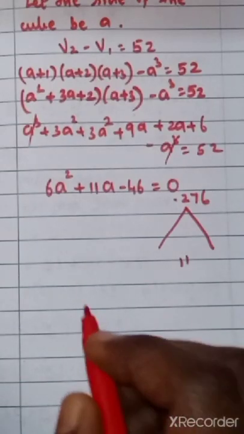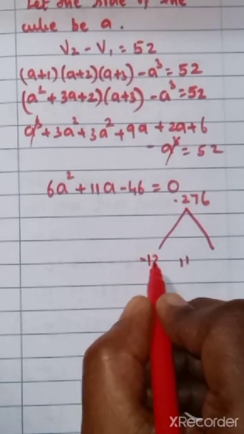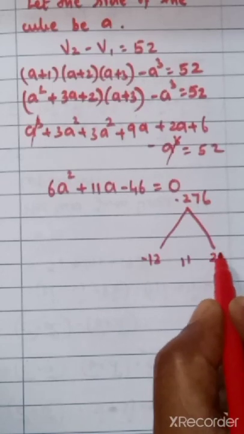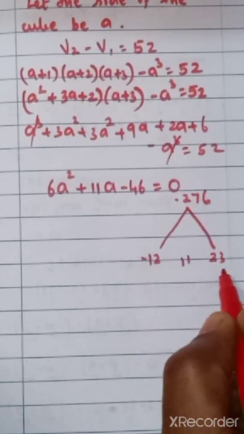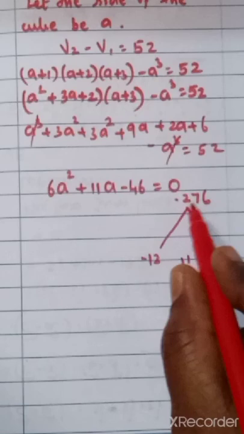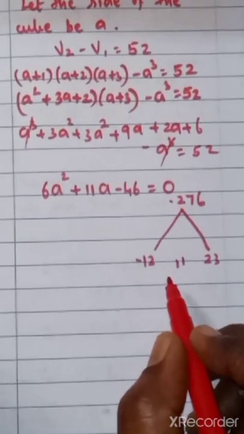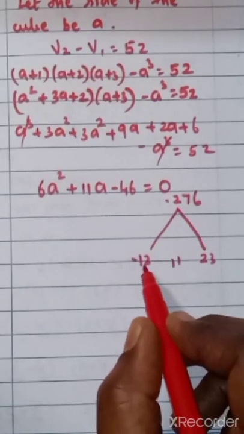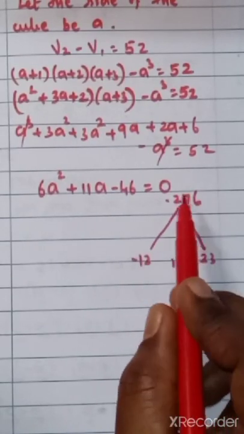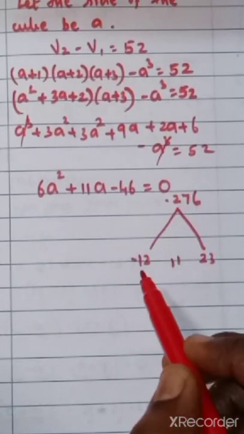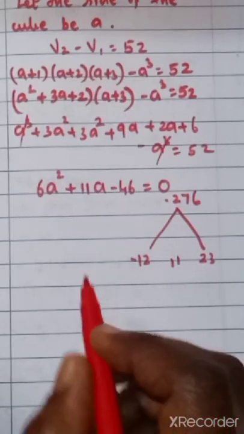So what are the two numbers? 12 and 23. 12 into 23 is 276. Here we have to get plus 11, so where should we put the minus? We have to put it with 12. So minus 12 into 23 is minus 276, and minus 12 plus 23 is 11.